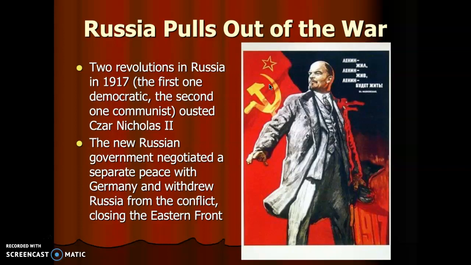Also, we have this thing that's known as the Zimmermann Note. With the Zimmermann Note, the British intercepted a message from a man whose name was Arthur Zimmermann. He was the German foreign minister writing to the ambassador in Mexico. And Zimmermann says, hey, we, Germany, need some help.